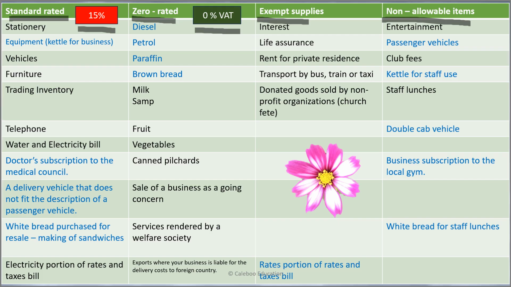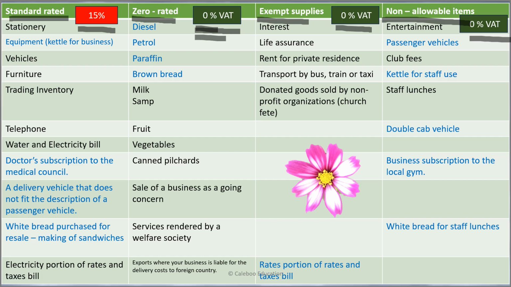0% VAT. And I'm stressing this all the time because in an exam, lots of people go and calculate 15% on zero rated items, exempt supplies, and non-allowable items.